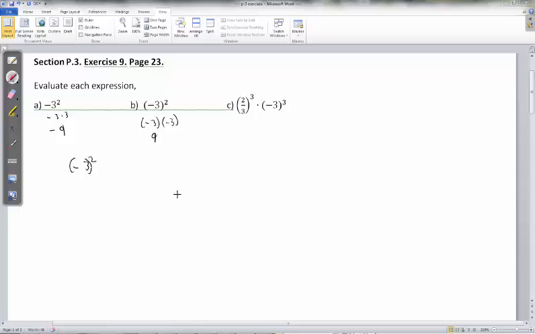So when you're plugging into a calculator and you want to square a negative number, make sure you put it in parentheses. Otherwise, the calculator will obey the order of operations and give you back negative 9 when you want this. And I've had a lot of students blindly trust their calculator and get the wrong answer because they plugged it in incorrectly.